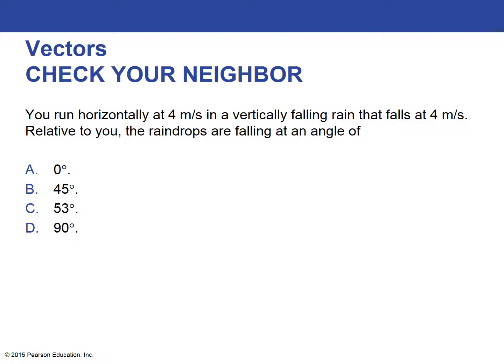In this problem, you are asked to find what is the angle of raindrops that would be falling on you or the object that you're driving in, if it's a car or a motorcycle, as seen by you. So let's take a case where we are on a slow moving motorcycle at 4 meters per second.